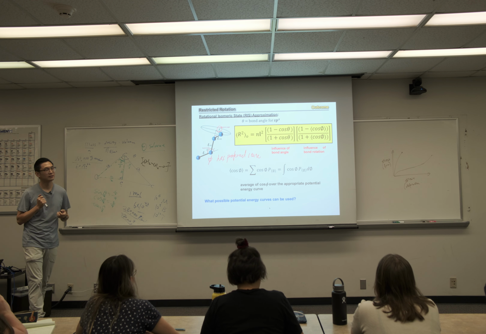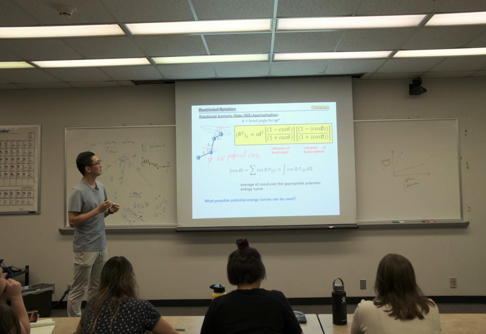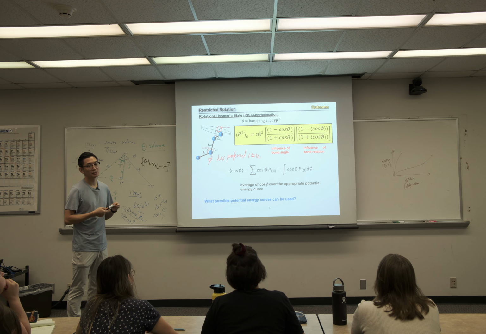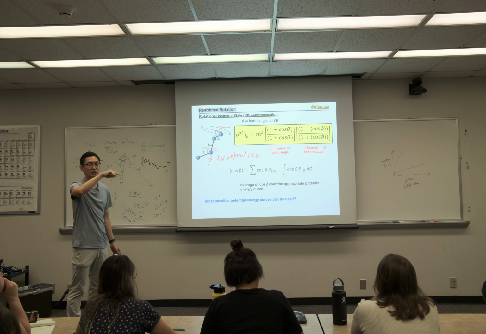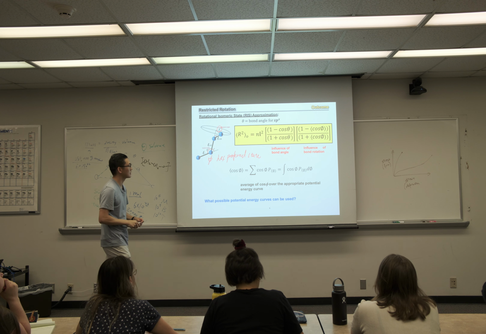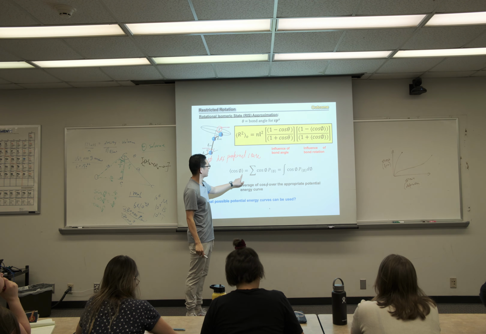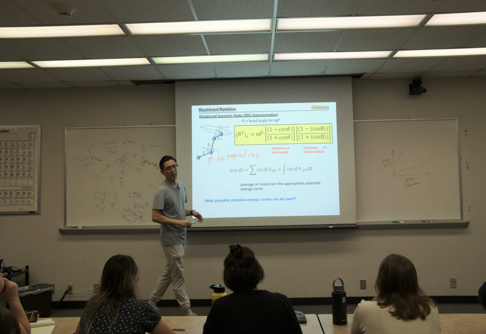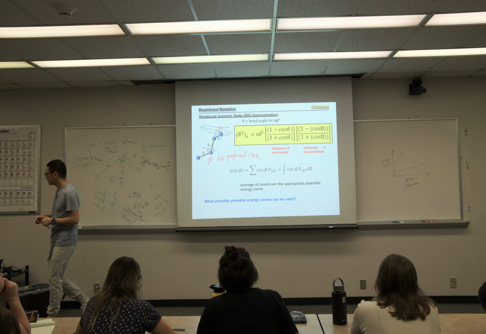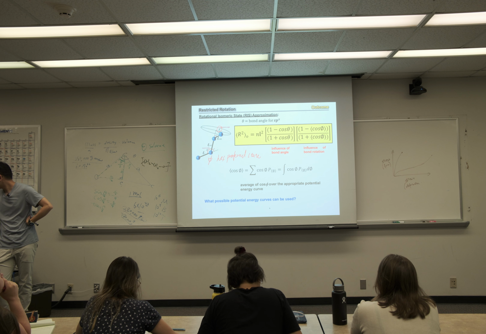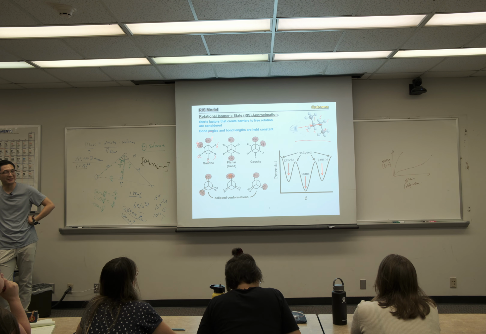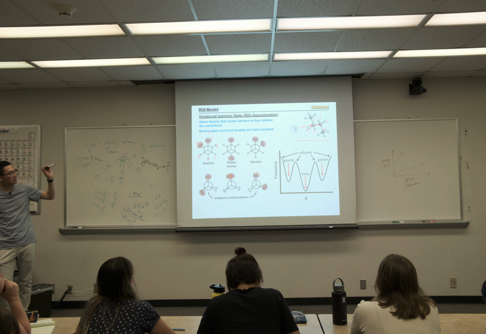Yeah, Joseph? Why are the phi cosines averaged and the theta cosines aren't? Because when it rotates, it's not just one angle, it's actually a distribution. So we're considering the average of cosine phi. In the next slides, I'll show you some slides you are very familiar with, where we pretend we're looking at the bond.